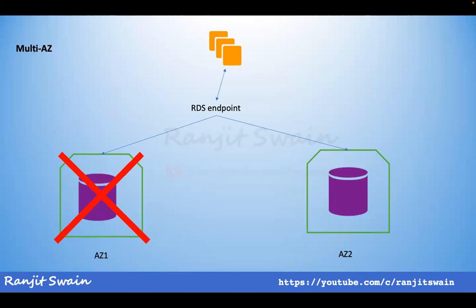So what is disaster recovery, guys? Most of you might know about it, and you should be aware of it if you're working in real-time scenarios in organizations. Big enterprises always have a backup system, a disaster recovery system.